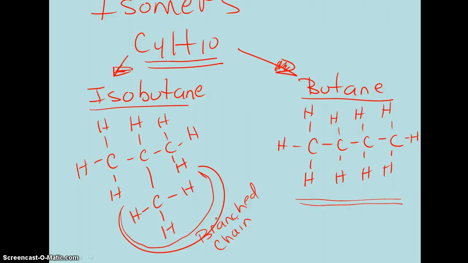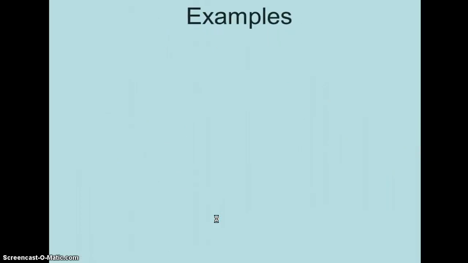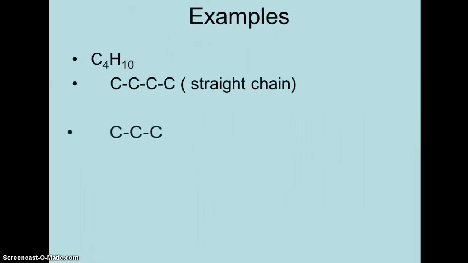I think very easy to recognize. I'll give you a couple more here just for a visual. Again, straight chain, branched chain. I just didn't attach my hydrogens here for the sake of space. But again, this is your C4H10, and this would also be a C4H10, your isobutane and your butane.